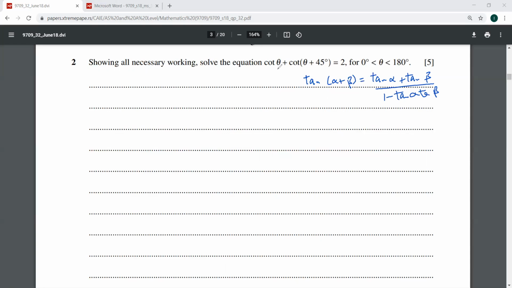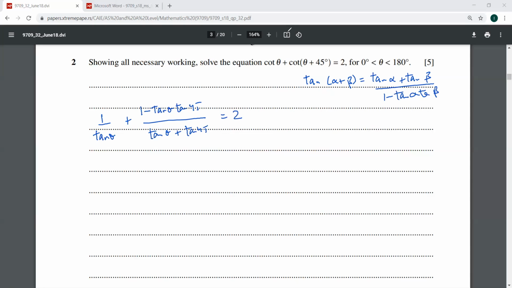So I will be changing this into 1 over tan theta plus, I'll be writing the reciprocal, okay? 1 minus tan theta and tan 45, okay? Over tan theta plus tan 45, and that is equal to 2.